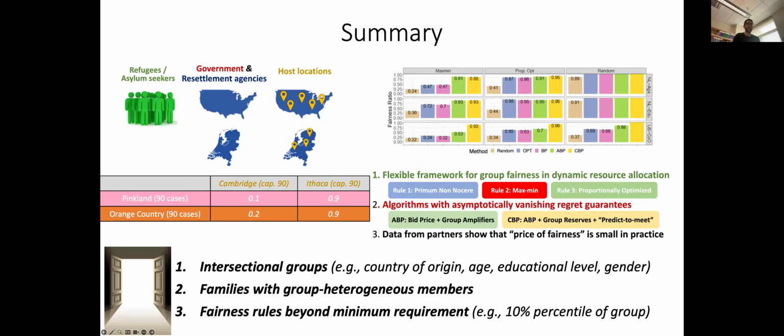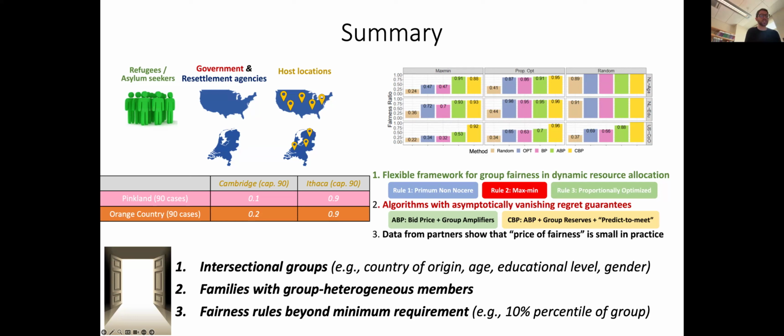And in a similar sense, the second point is families with group-heterogeneous members. You might have a family where there's a father and a mother. If you define groups by gender, it really has both.